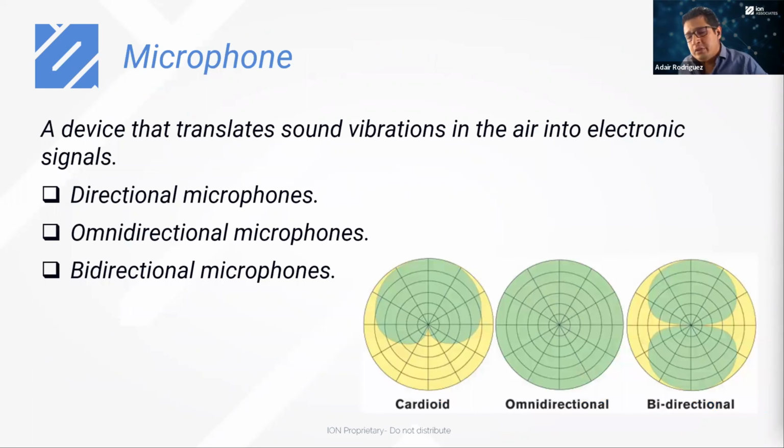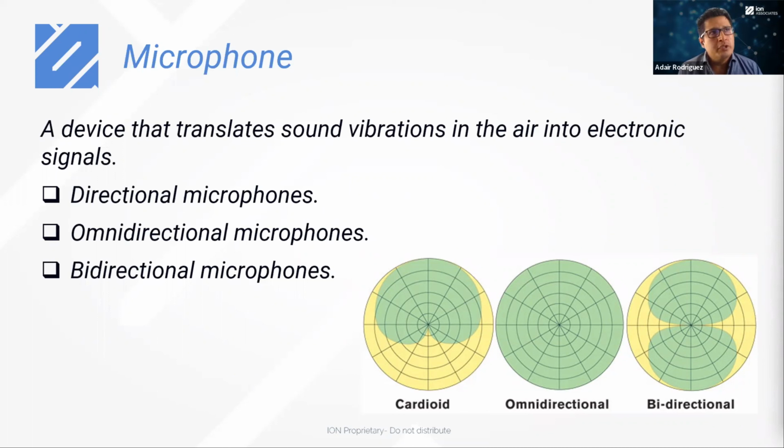Another component inside an audio device is the microphones. We will find in the industry many technologies, many configurations. Just the basic right now is how we receive the sound.